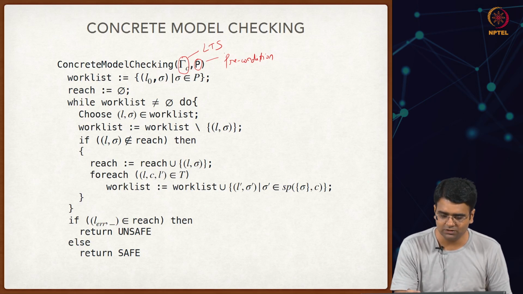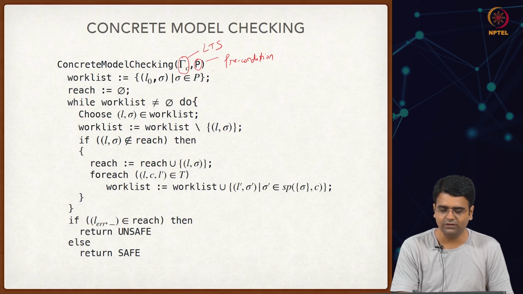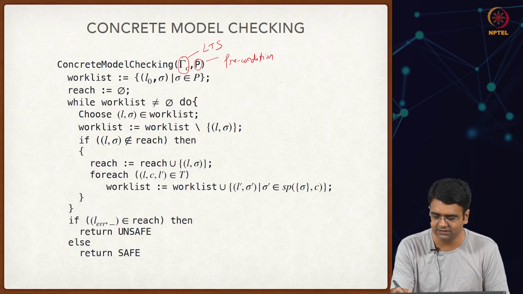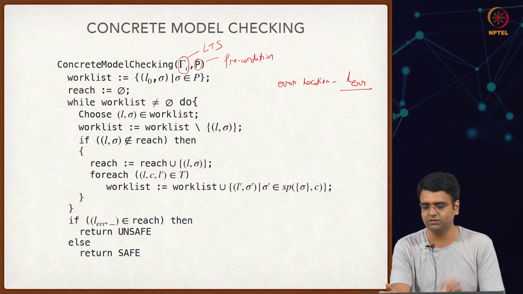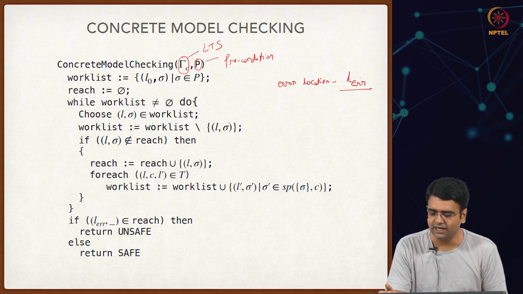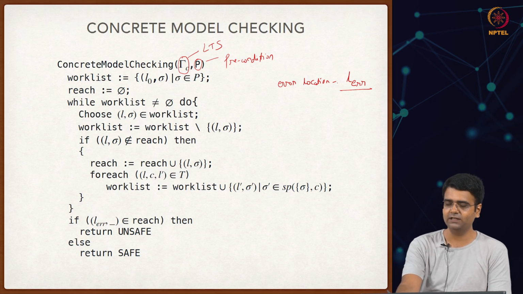Another thing which concrete model checking assumes, in fact any model checking assumes, is the presence of a special location in the program which we call the error location. This is typically denoted using L underscore ERR. So L underscore ERR is a special location in the program which is called the error location. The idea is that if the program execution reaches this error location, then the program is incorrect, or it has an error.